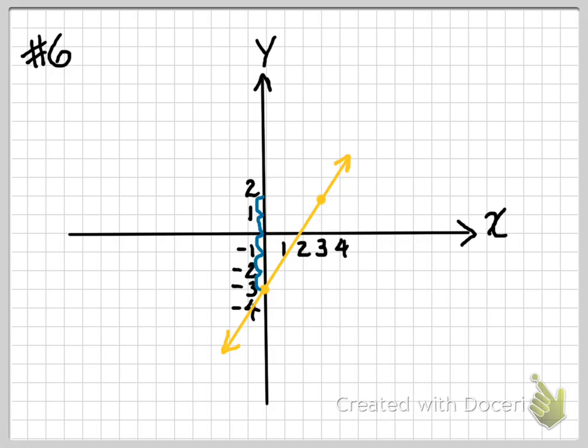That's your rise. Run over 1, 2, 3. That's your run. So we rose up 5 in the positive direction and 3 in the positive direction. So our rise over our run, which is our slope, is 5 over 3. And that's our slope.